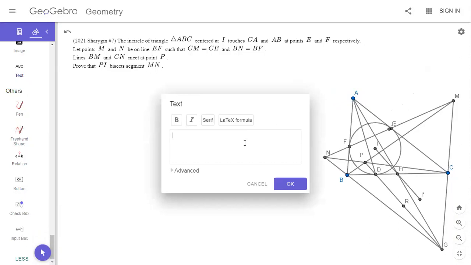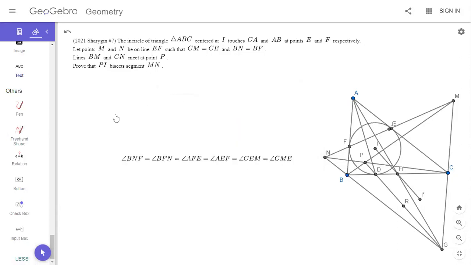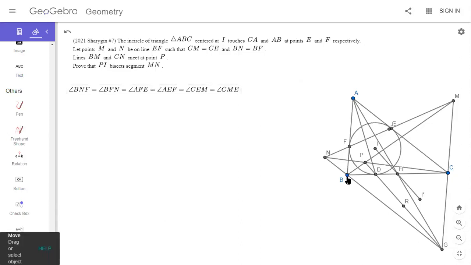So first of all, we have angle BNF is equal to angle BFN, which is equal to angle AFE, which is equal to angle AEF, which is equal to a lot of equal angles, and these prove that a bunch of lines are parallel.